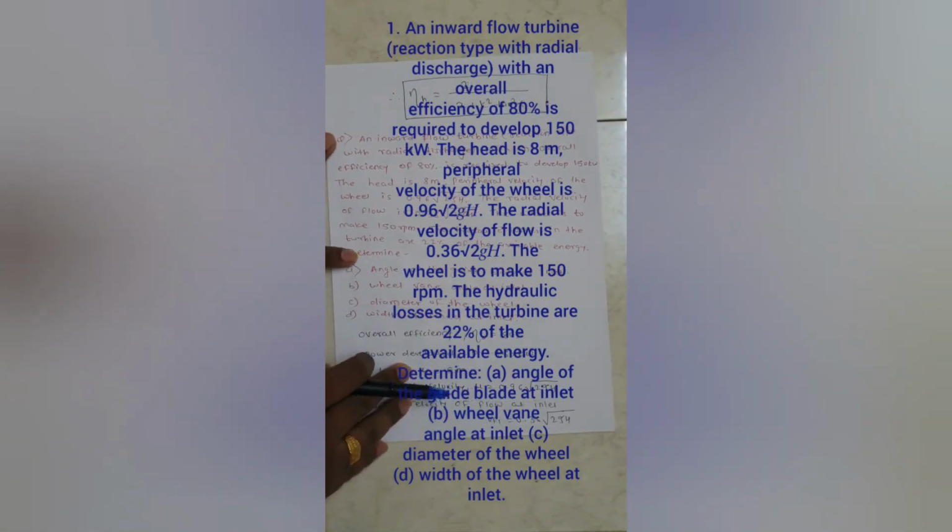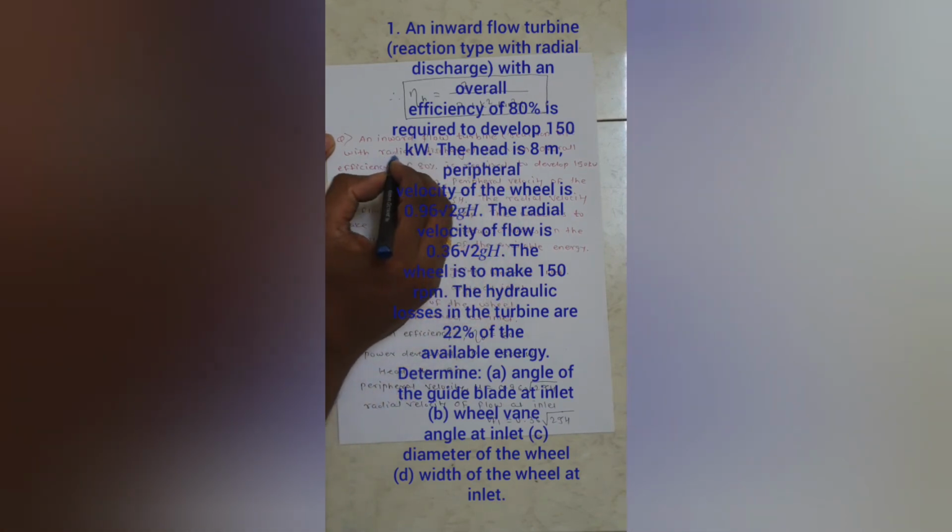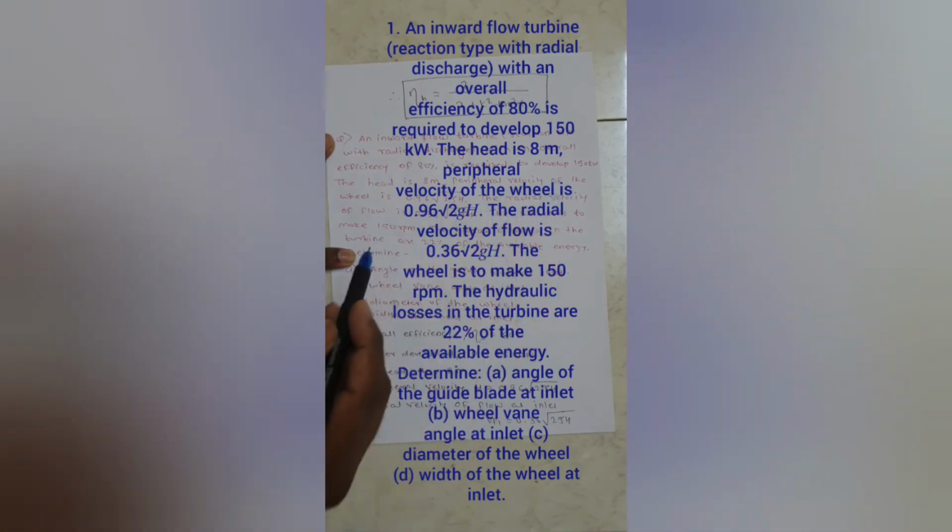We take one problem on the reaction turbine. An inward flow reaction turbine with radial discharge, note down, radial discharge means beta is equal to 90 degrees, with an overall efficiency of 80%, is required to develop 150 kilowatt.